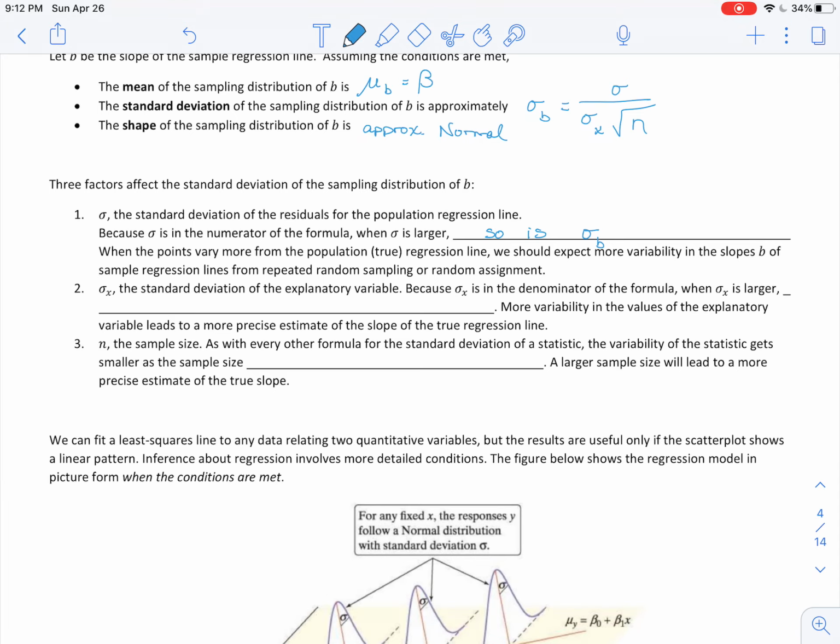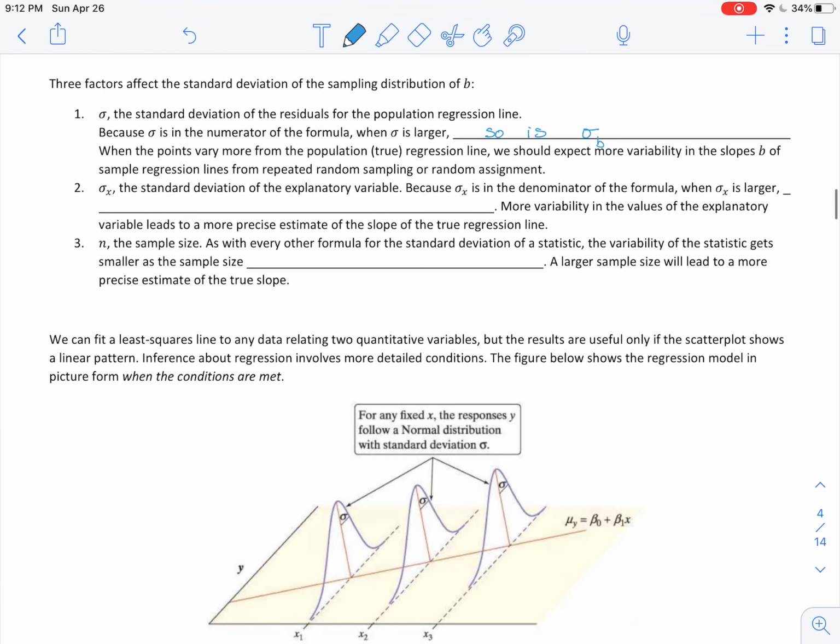Sigma sub x, the standard deviation of the explanatory variable, so in the example earlier, the eruptions of Old Faithful, because it's in the denominator, if you make that number larger, you're dividing by a bigger number, making your result smaller. So when sigma sub x is larger, sigma sub b is smaller.